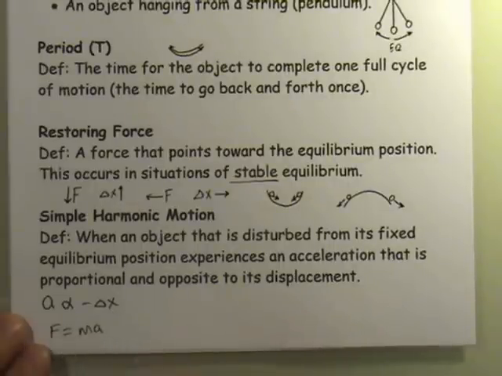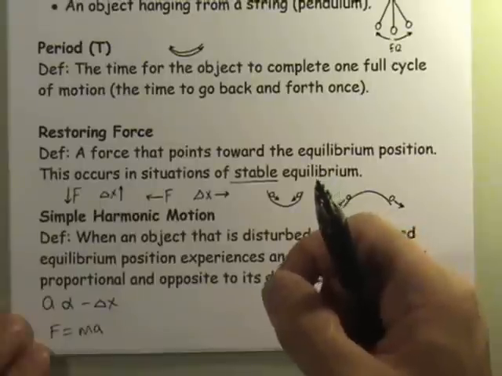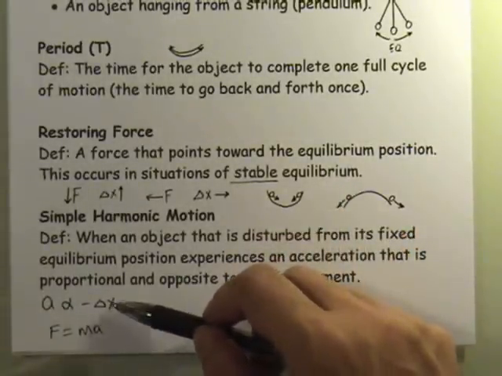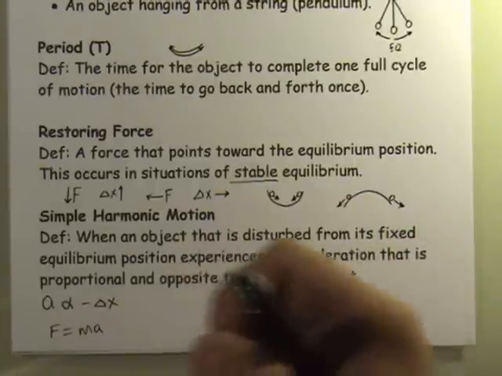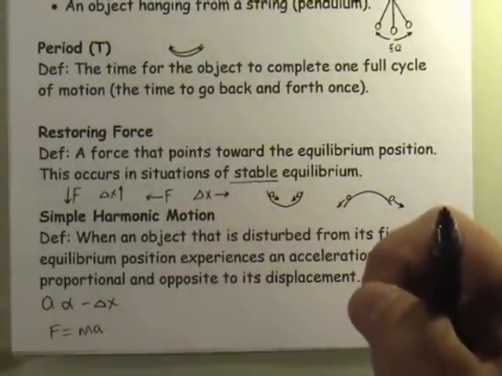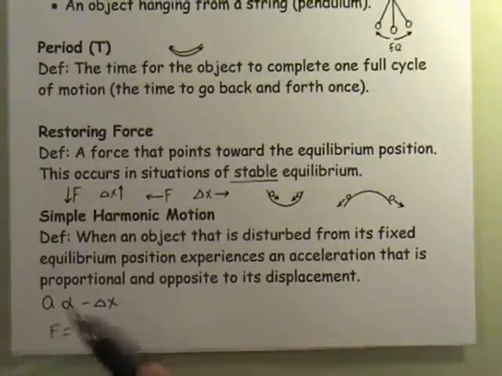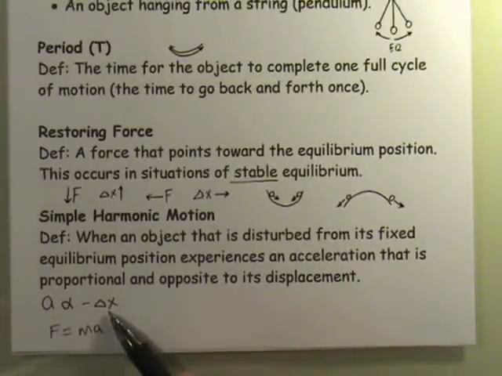So when you pull a spring in one direction, then a force arises, and that force is proportional to the displacement, how far you pull it. The farther you pull it, the greater the force. I think that's pretty clear. And therefore the acceleration that the object experiences is also proportional to how far you pull it.